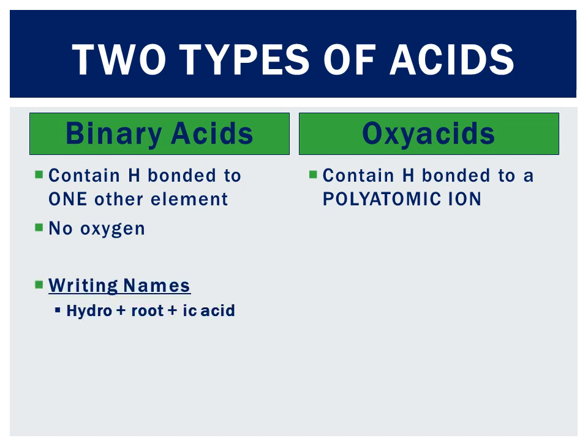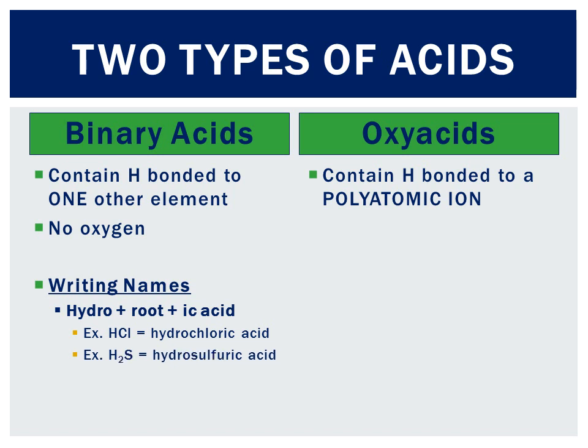So in naming these, for a binary acid, you take the prefix hydro, you put the root of the element, and then you end it in ic, and then the word acid. So here are some examples. HCl: I start with hydro, the root of chlorine is chlor, and then I end it in ic, hydrochloric acid.